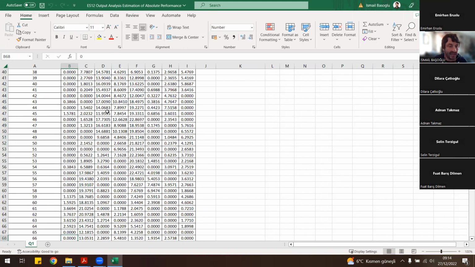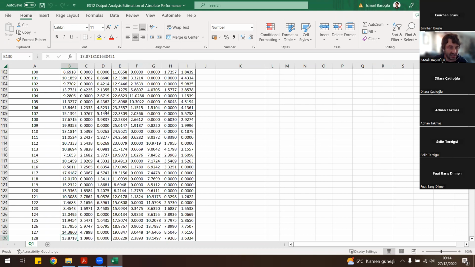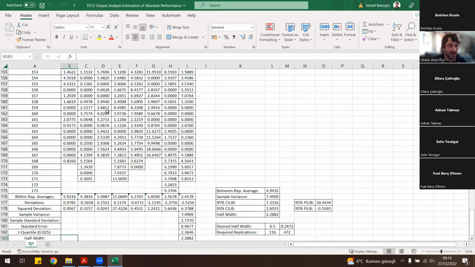So in each replication here there are so many 0 values in our sample, right? Because most of the customers in such a queuing system may have waited only 0 minutes in the queue, which means when they arrive, they simply find the server idle. But in some cases, please check, for a large number of consecutive customers, there are certain positive queue waiting times.